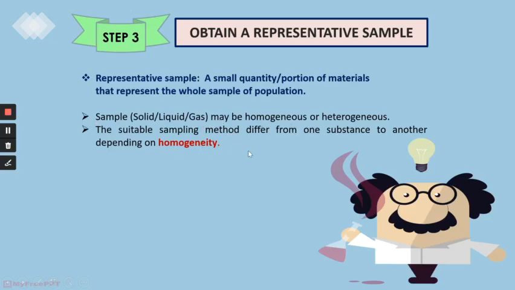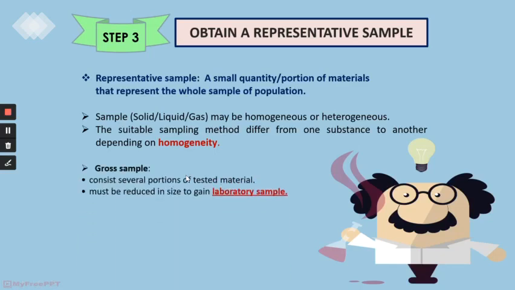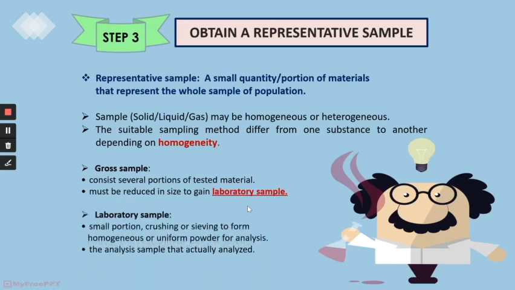The suitable sampling method differs from one substance to another depending on homogeneity. A gross sample consists of a portion of the tested material, so it must be reduced in size to gain the laboratory sample. The lab sample is a small portion, crushed or sieved to form a homogeneous or uniform powder for analysis. So that is the analysis sample that you actually analyze.